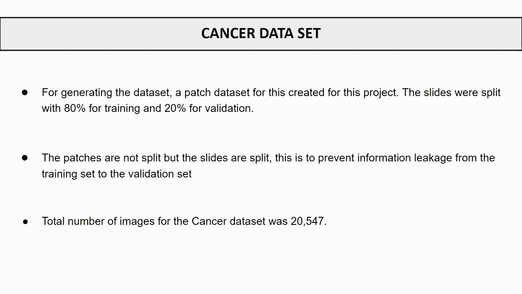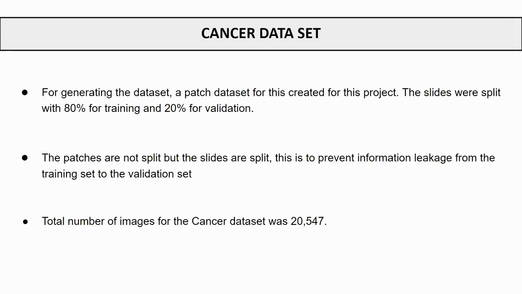In fact, in the United States, it's the second most common cancer. For generating the data, my colleague Jeremy Jabari, a PhD student in computer engineering at the University of Maine, had created the patch dataset for this project. The tissue slides were available online.